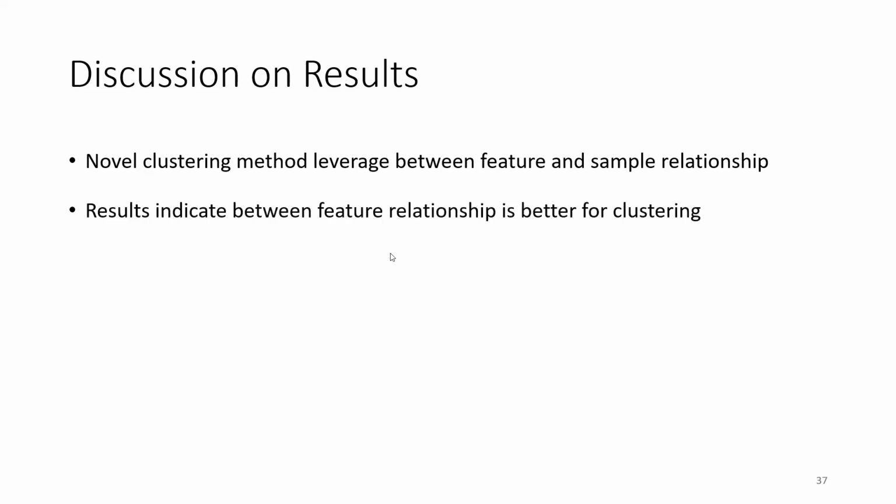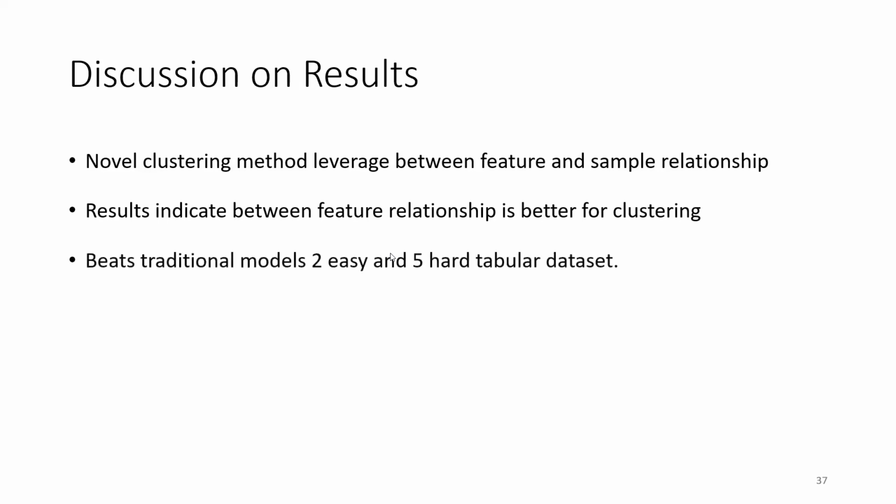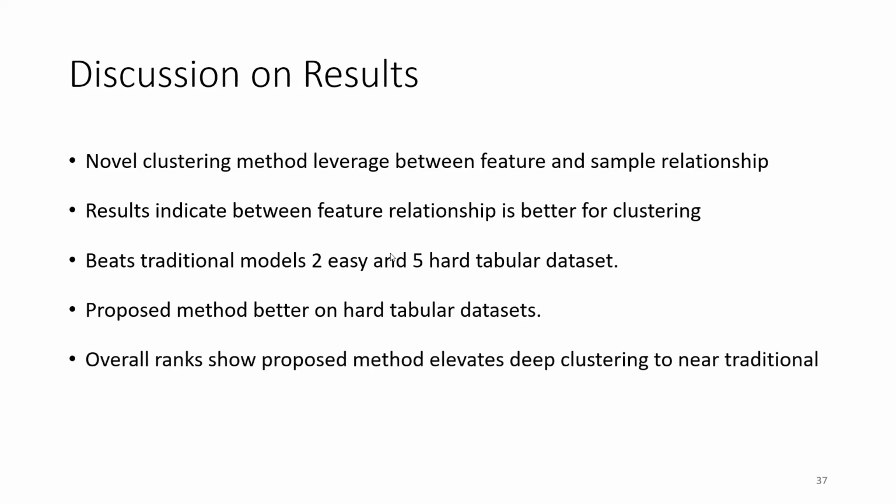Our results indicate that between feature relationship is better for clustering. It beats the traditional models on 2 easy and 5 hard datasets. Overall, our proposed method is better on hard datasets. And our rank shows that adding attention elevates deep learning to near traditional clustering.